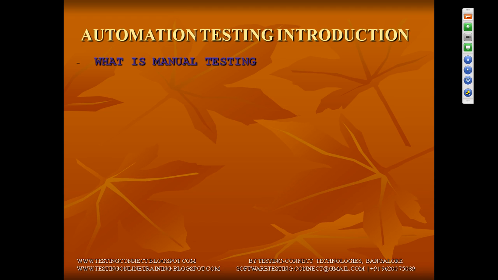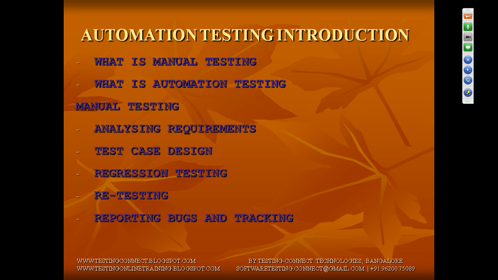If we execute test cases with the help of human beings, that is manual testing. If you perform the testing with the help of some automation tools, that you can consider as automation testing.